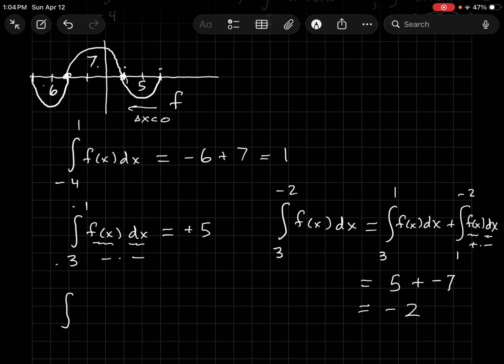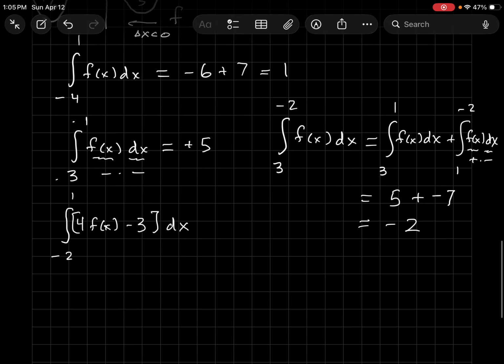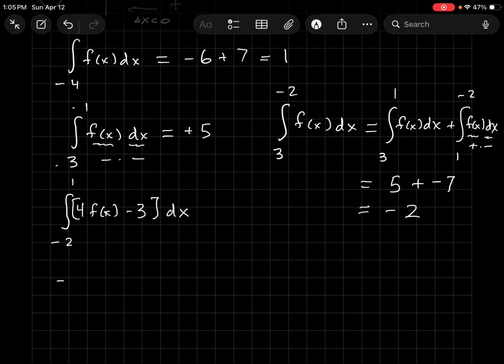What if I did the following? Let's do the integral from negative 2 to 1 of 4 times f of x minus 3 dx. How could we handle this? Just like with derivatives, where we add or subtract functions, we can take the derivative of each piece separately.